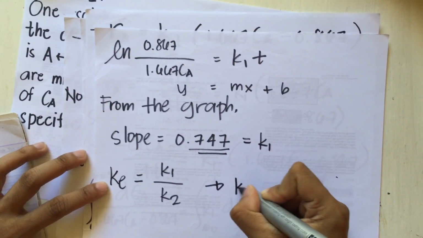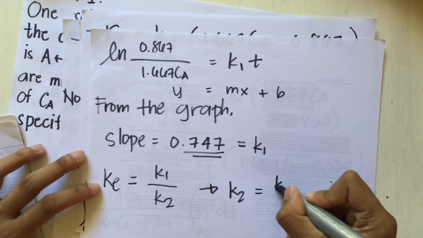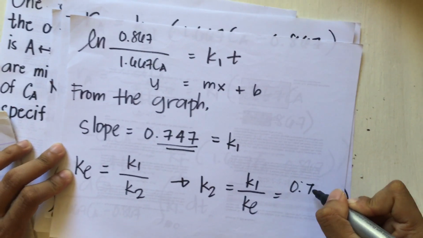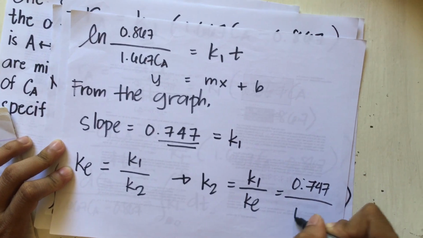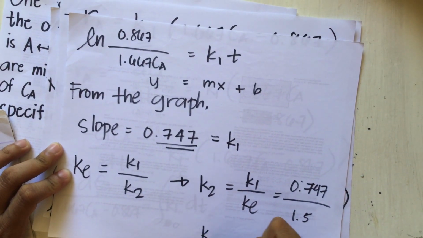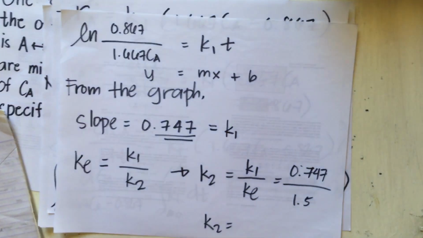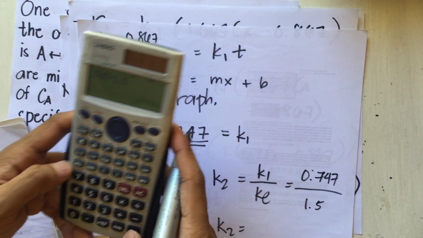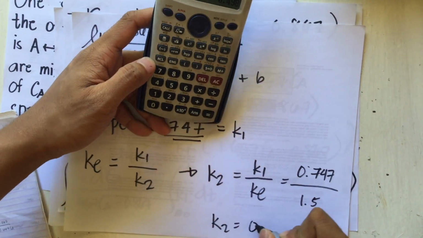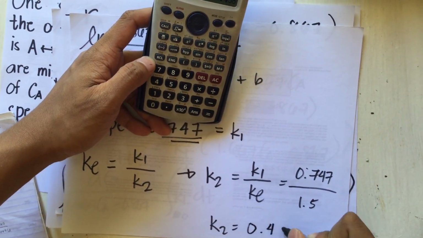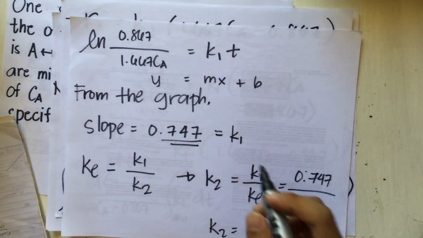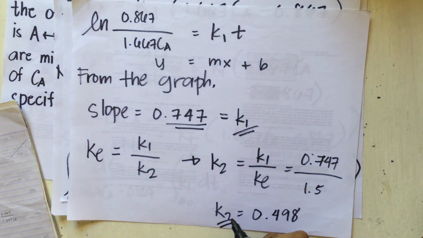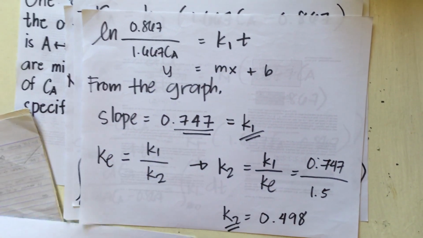So we have K2 equal to K1 over Ke, which is 0.747 divided by 1.5. We have K2 is equal to 0.498.